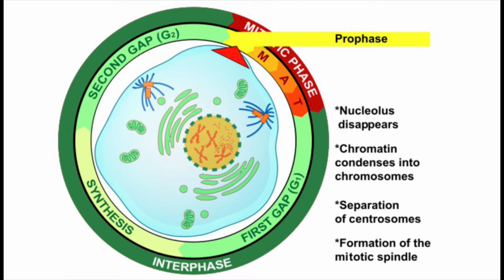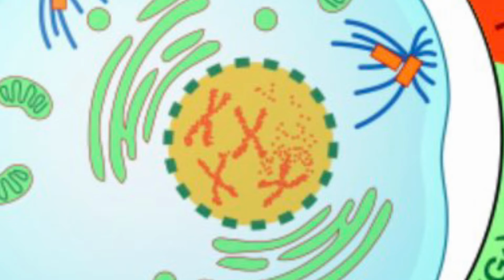In the first stage of mitosis, prophase, the nuclear envelope disappears. In fact, it breaks up into small vesicles which cannot be seen with a light microscope.